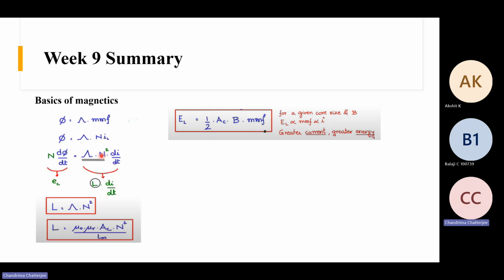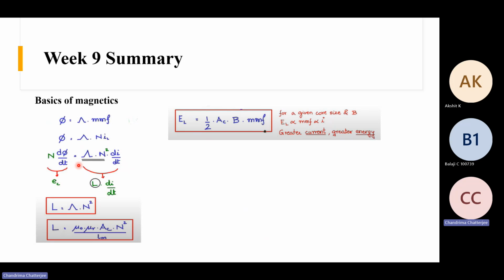Here some more equations are there. We already saw that phi is equal to permeance times mmf. If you multiply by N, N d phi by dt becomes permeance N square into di by dt. This N d phi by dt is the induced EMF according to Faraday's law.